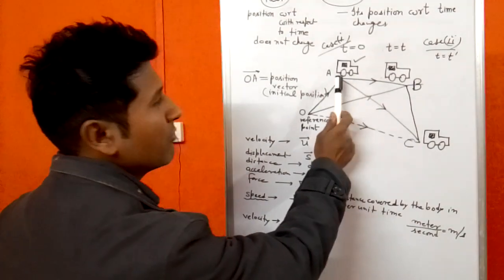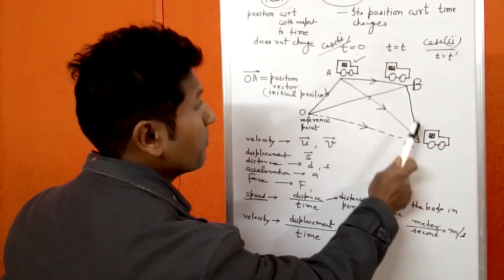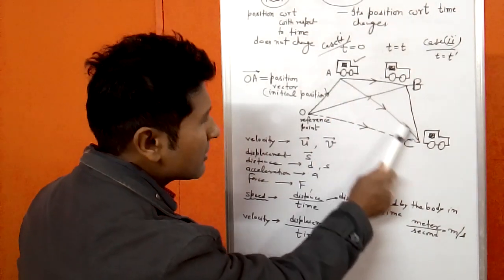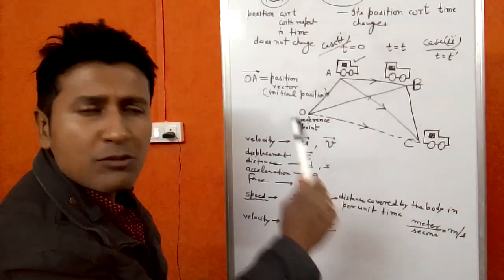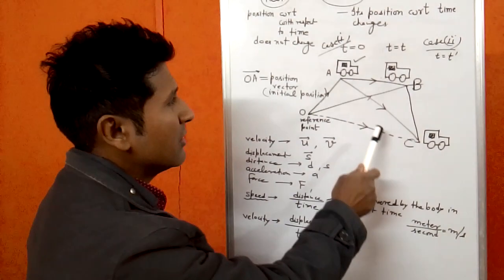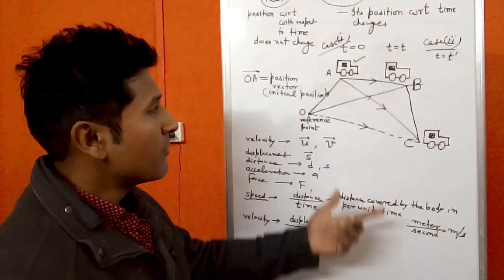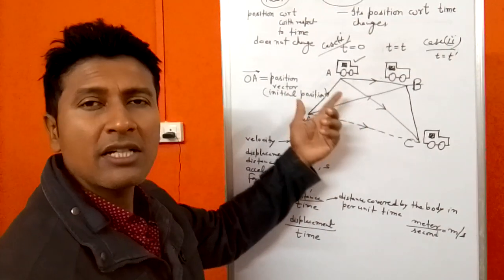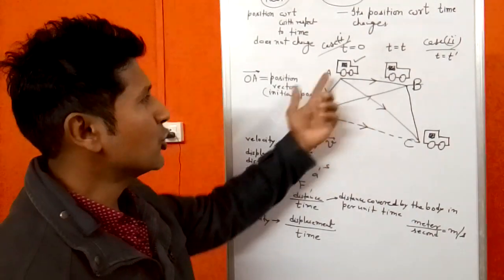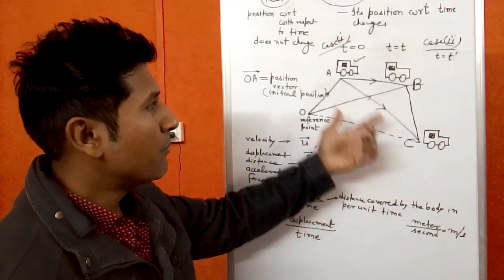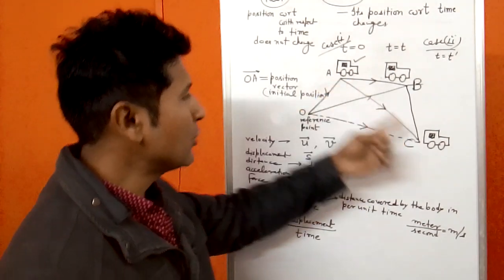So the distance covered by the body is AB and BC. But what is the displacement? That is AC. This AC is nothing but the displacement covered by the body during this complete journey, right? So what we can conclude is the displacement is nothing but the shortest distance covered by the body from initial point to final point.